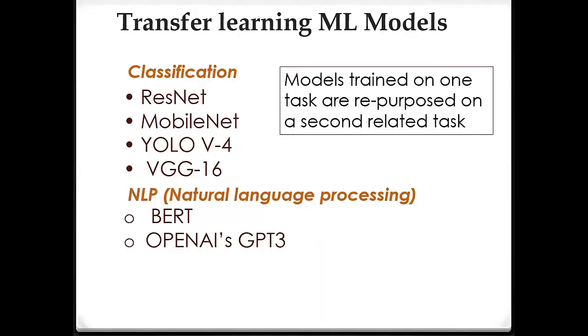So for classification, if you go on Google, there's ResNet, MobileNet, YOLO V4, VGG16, VGG19. These are deep learning architectures. Depending on what you would like to use, for example, if my application is a mobile app which is recognizing cats or dogs, I wouldn't get a model that is very heavy.